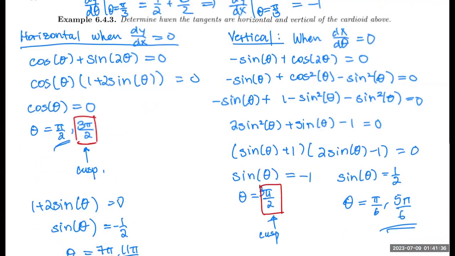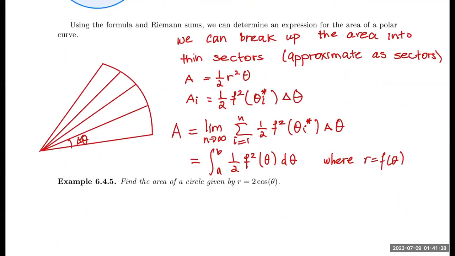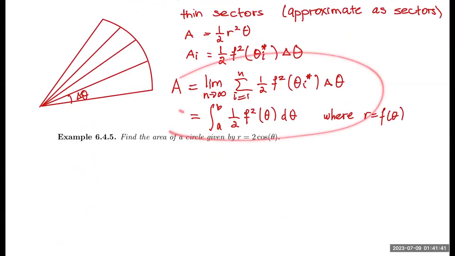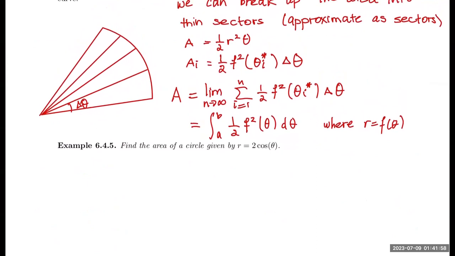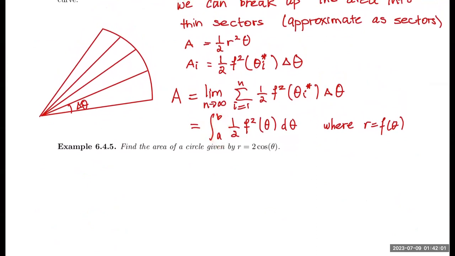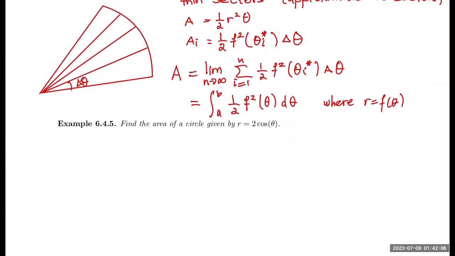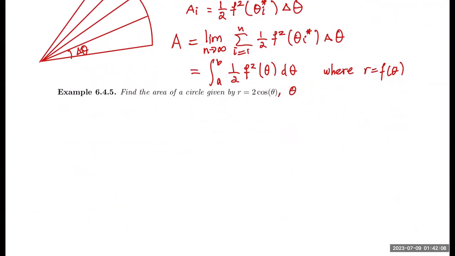Okay, so using this formula now, let us find the area of a circle given by r is equal to 2 cos theta, which we should expect is pi because it's the area of a circle of radius 1, but it's centered at (1, 0). So here, a to b, our bounds, are going to be the angle theta that we're interested in. So let's say that we go from theta between 0 and pi.